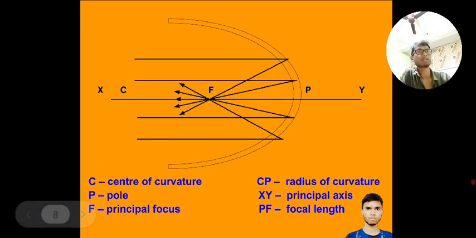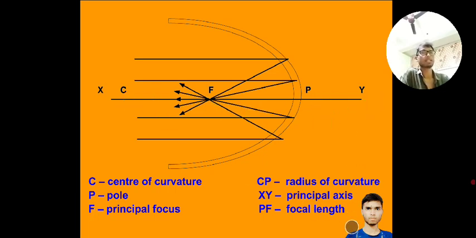This would be imaginary. XY is the principal axis. CP is the radius of curvature. PF is the focal length.